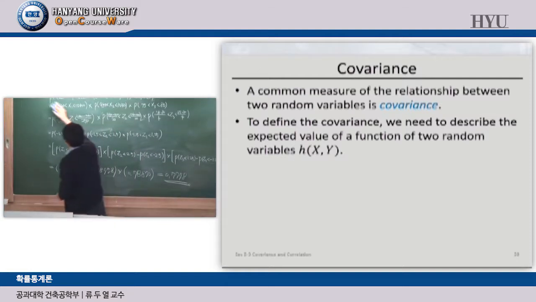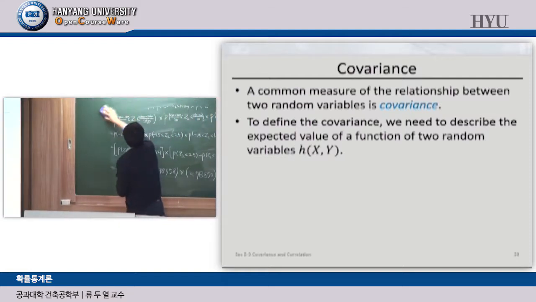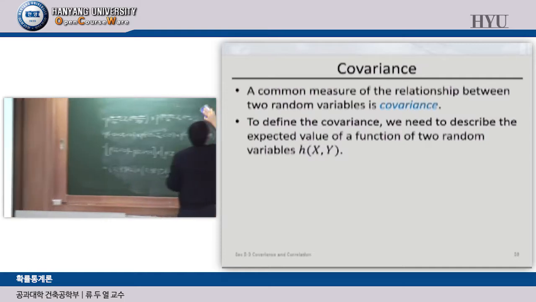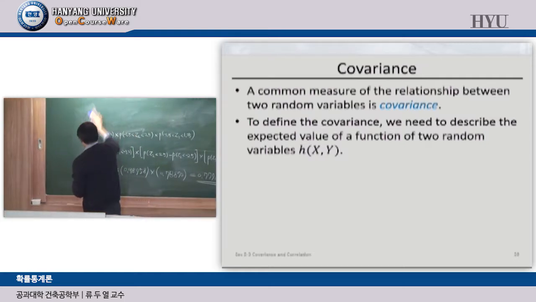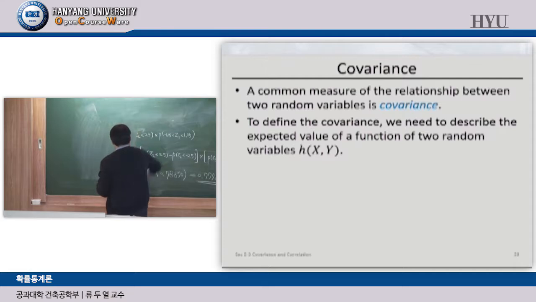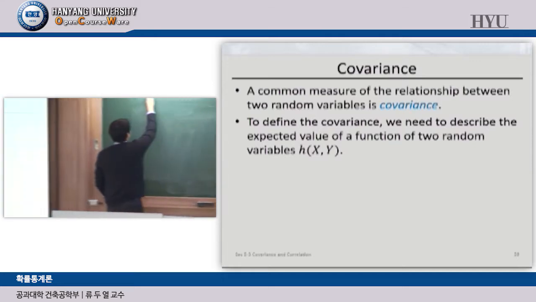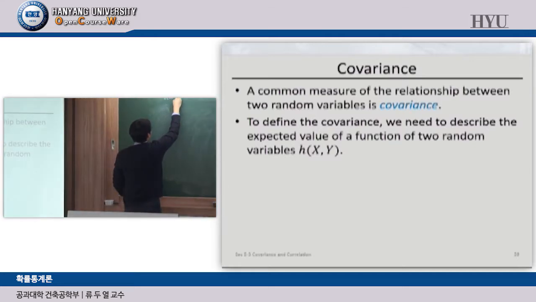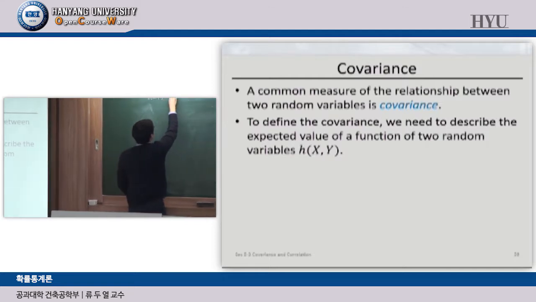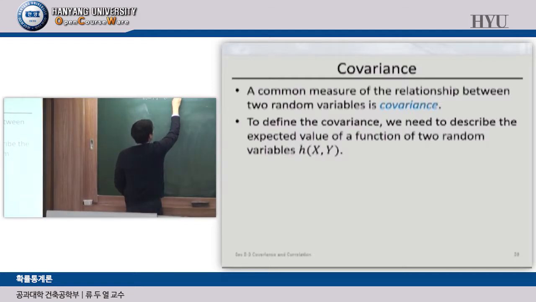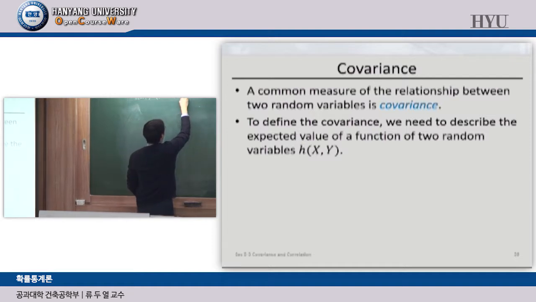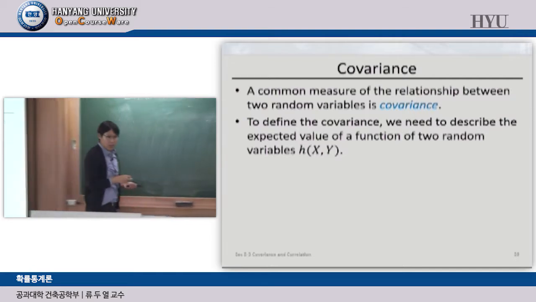And in the case of the covariance, h(X, Y) is equal to X minus the mean of X, times Y minus the mean of Y. Okay?